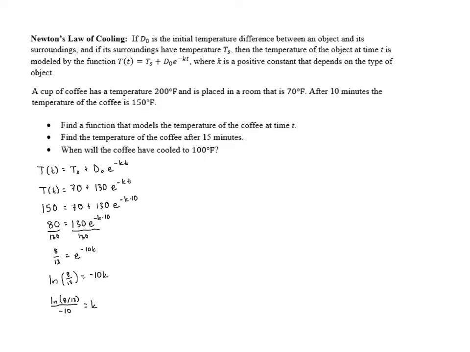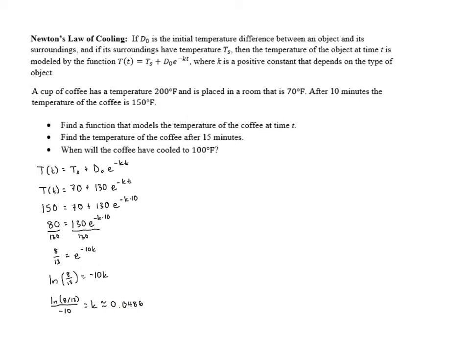And when we plug this into a calculator, we end up with a value of k that's approximately equal to 0.0486. I'm going to round to the 4th decimal place. I think that that's good. So our function, we didn't know what the value of k was, but now we do.